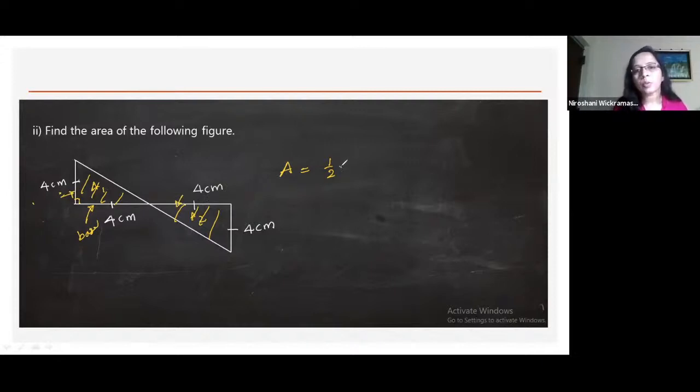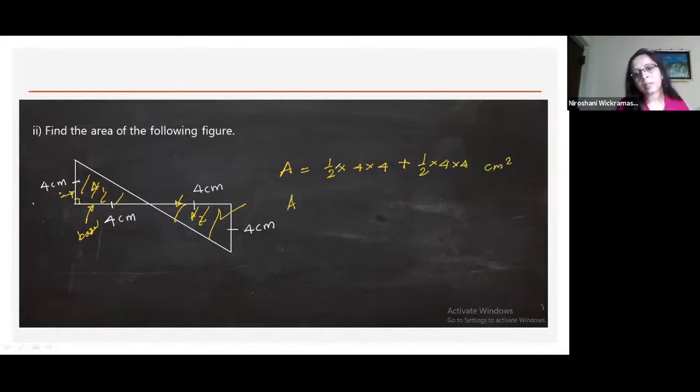Half into base, which is 4 centimeter, into 4. Even you can multiply this by 2 and get the area. But you are learning the area of a triangle for the first time, right? So I will repeat this one again. Area of this figure is half into 4 into 4, because this is area, square centimeter.